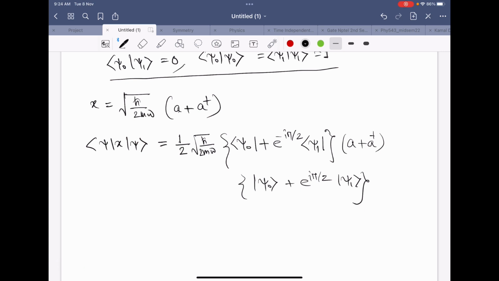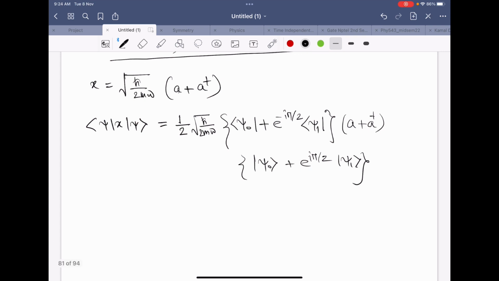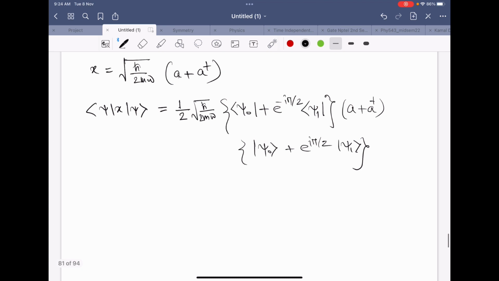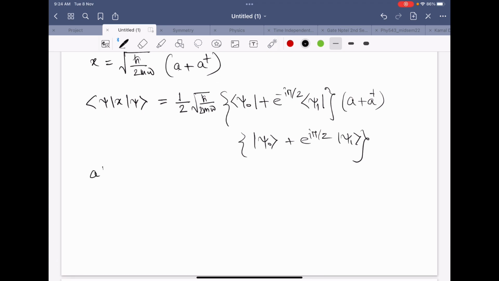Now we'll use these properties: A acting on psi n gives root n psi n minus 1, and A dagger acting on psi n gives root n plus 1 psi n plus 1.